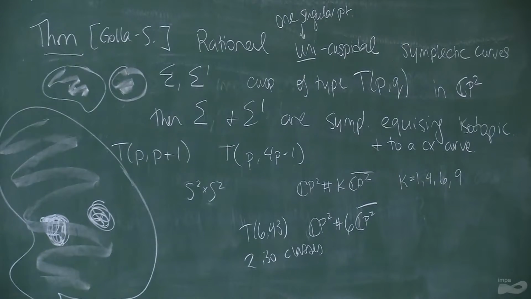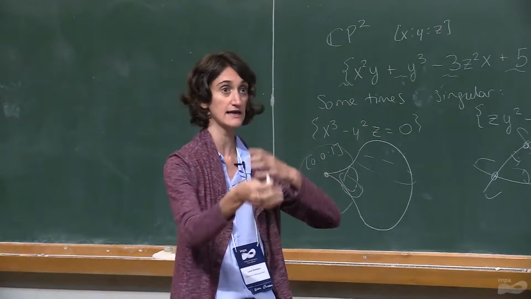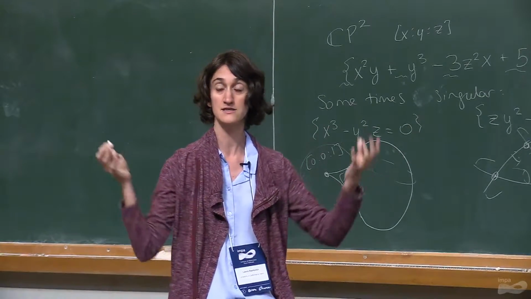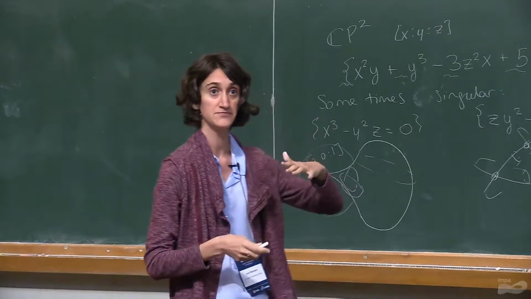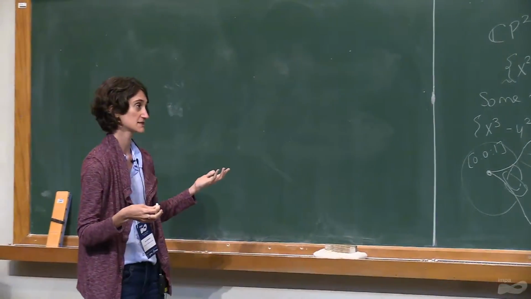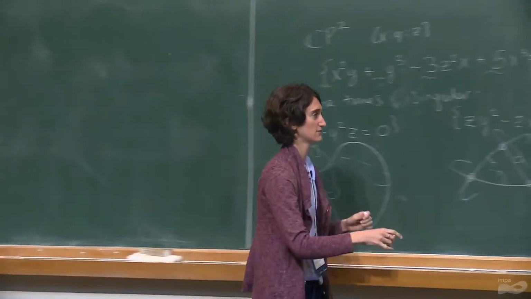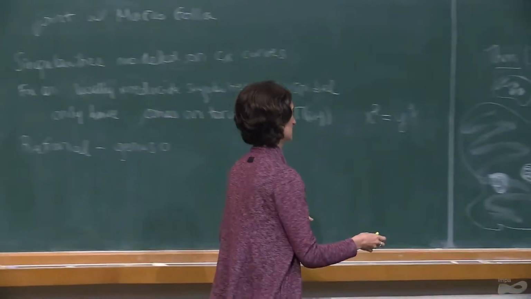The first level of simplicity you can ask for these curves is that there's a single singularity. The second kind of simplicity is that you let there be a bunch of different singularities, but put some bounds on the degree. So we wanted some examples where you can have lots of different singularities. Maybe I'll write over this same theorem.